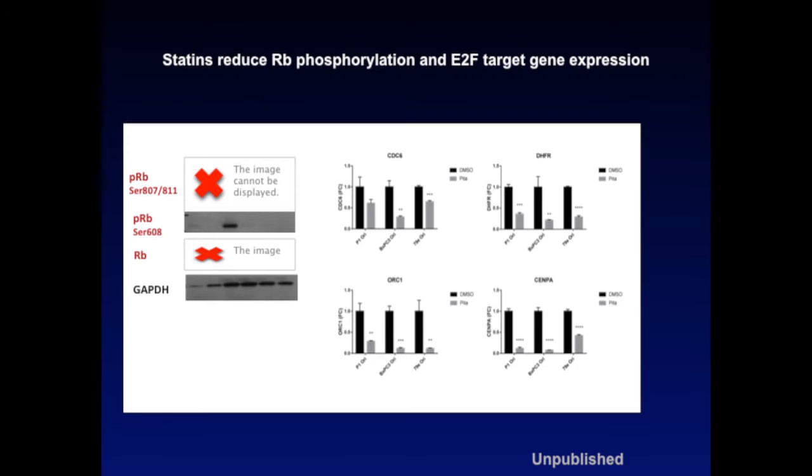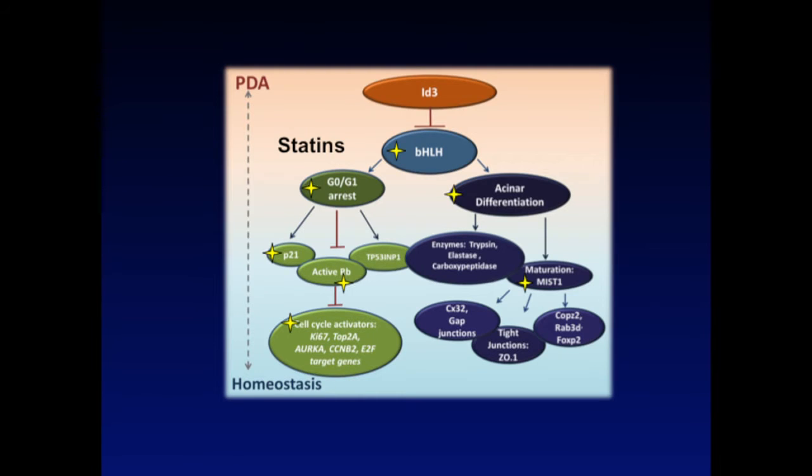So to summarize, with 2 minutes left, we've shown that ID3 seems to play an early role in the pathogenesis and is sufficient to induce cell cycle in human pancreatic exocrine cells.